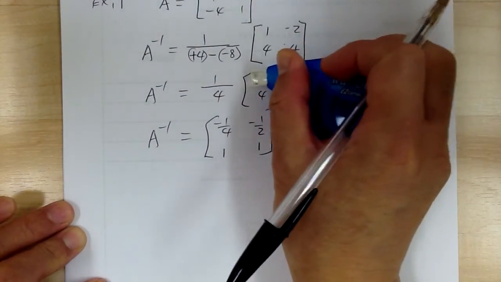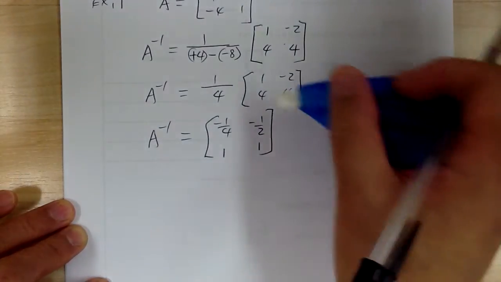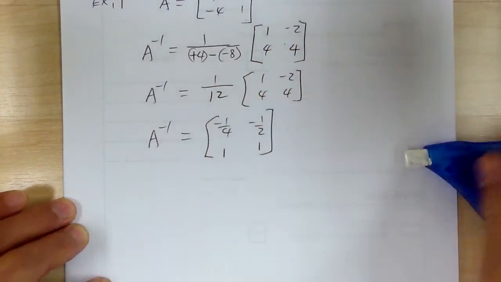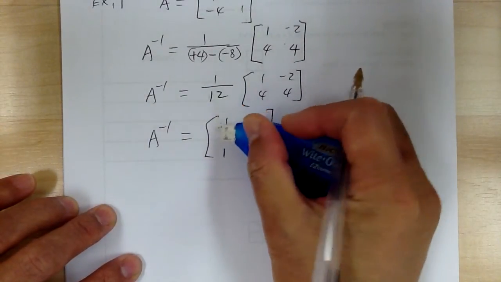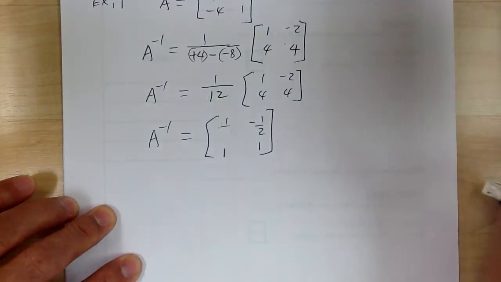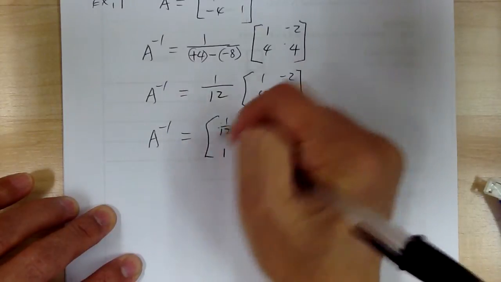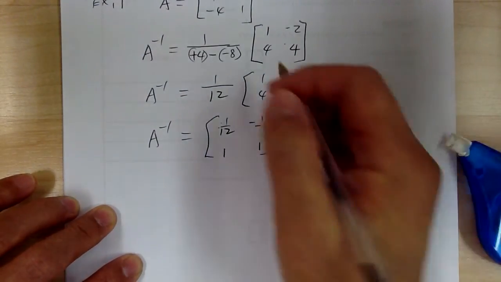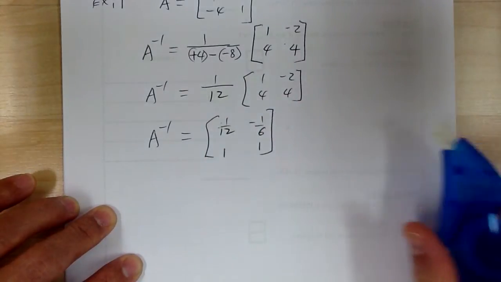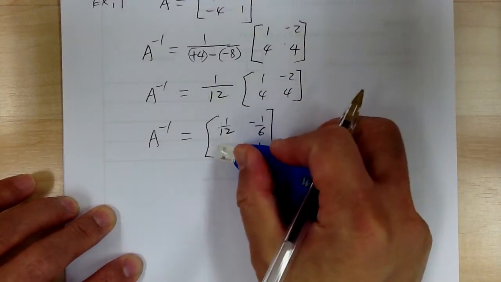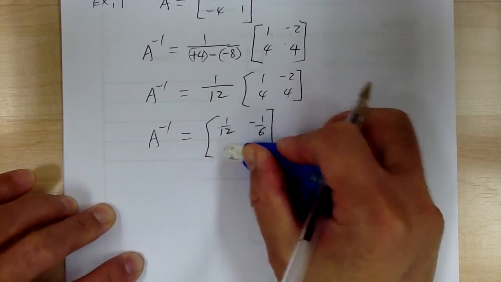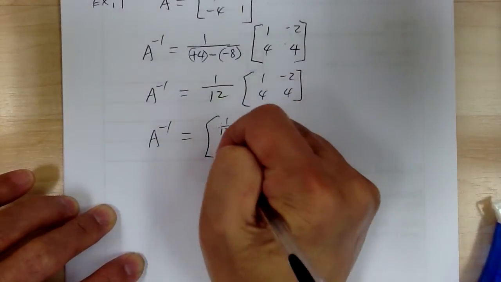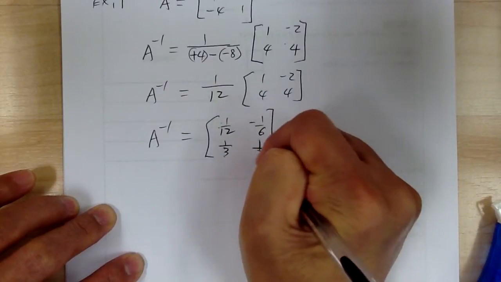Sorry about that. See, that's why you have to double check. So this would become 12. See, one negative messes everything up. So it's 1 over 12, negative 1 over 6, and then this would be 1 over 3, and this is 1 over 3.